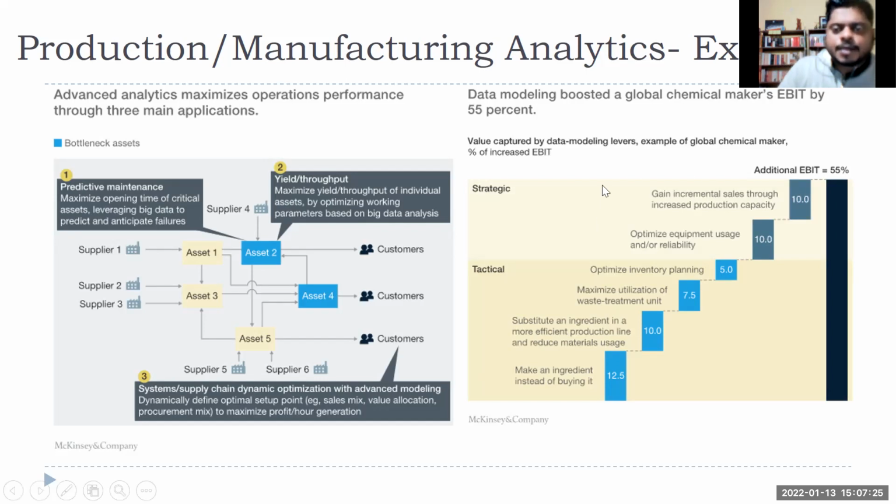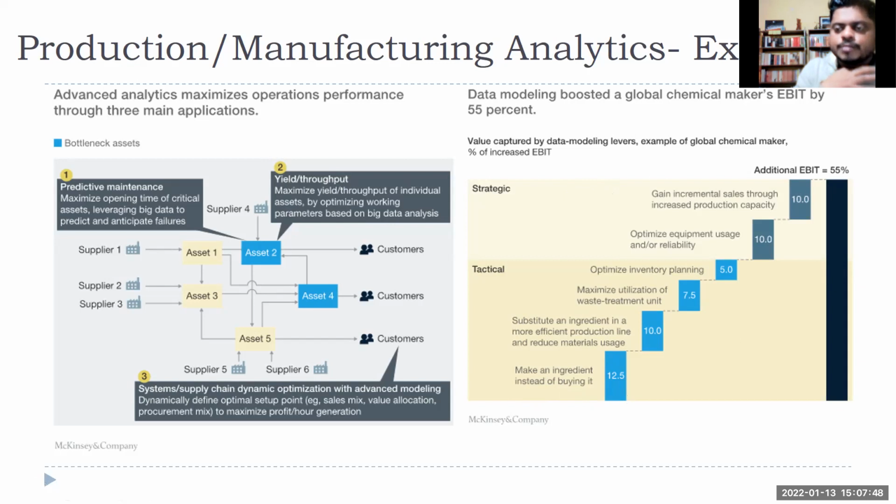For a chemical manufacturer, the chemical industry, this was a report from McKinsey. They started doing analysis and tried to find which areas of analytics are adding much more value, right? So, make and buy analytics, right? Make an ingredient instead of buying it. That is make and buy analytics.